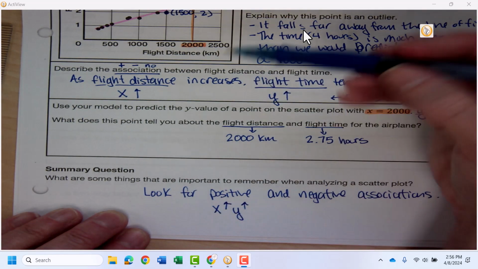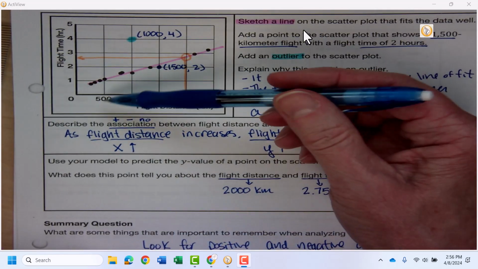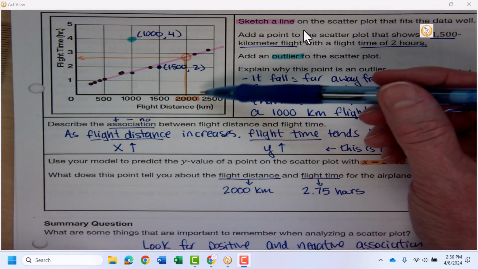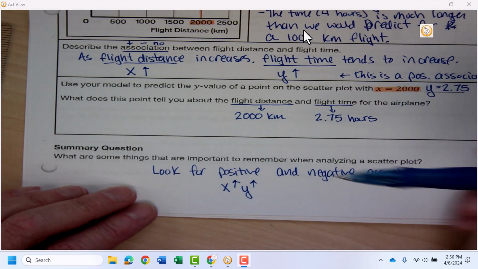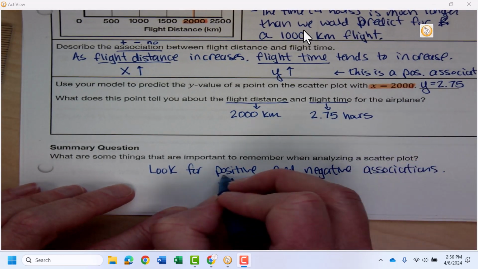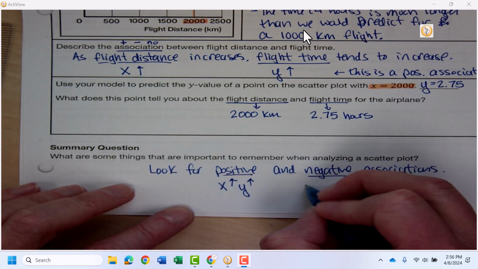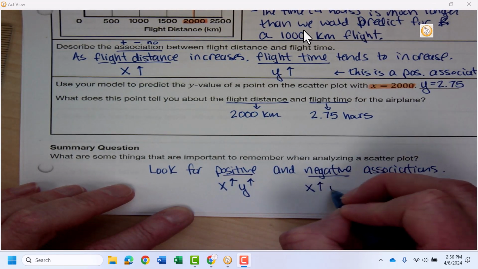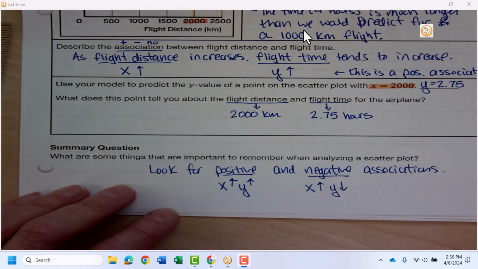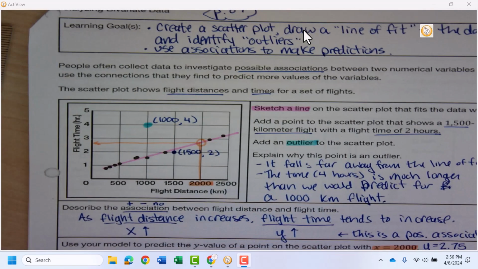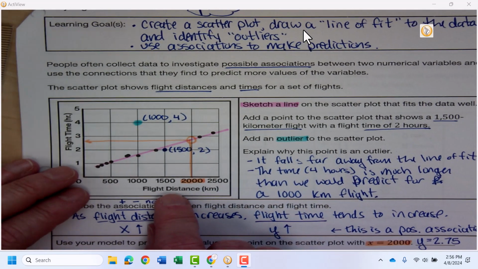And that's what happened up here with our flight data. As the flight distance increased, the flight time also increased. And it has a positive slope on that line of fit. If it were negative, as the x value increased, the y value would decrease. And it would look like it had a negative slope. So that's just a little bit more practice with scatter plots and how we can use them to analyze data.